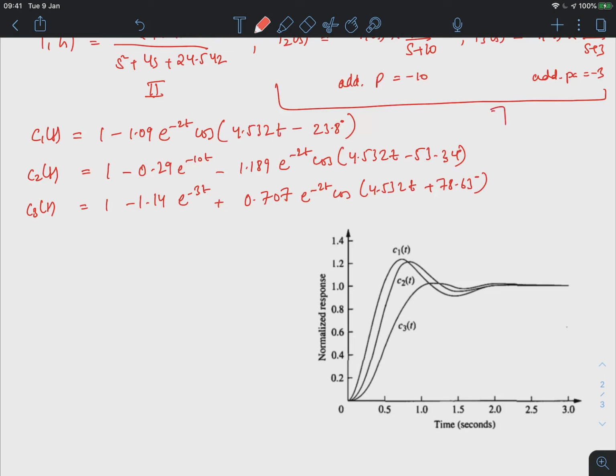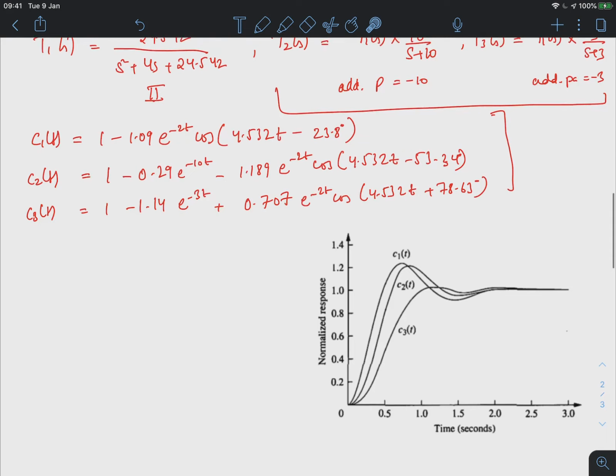Okay, in all these three responses you will see that the frequency component of the sine cosine term has not changed because of the addition of this pole.